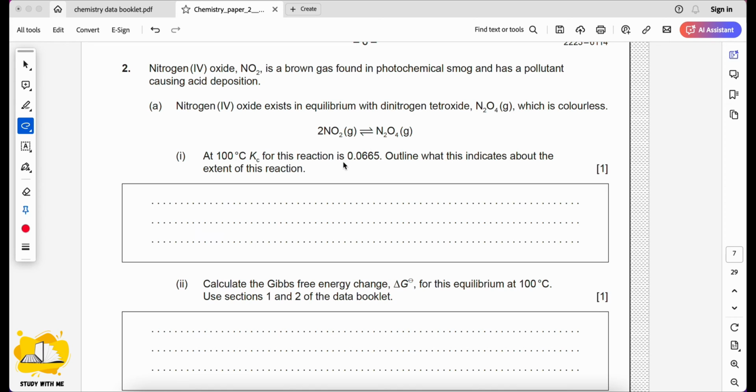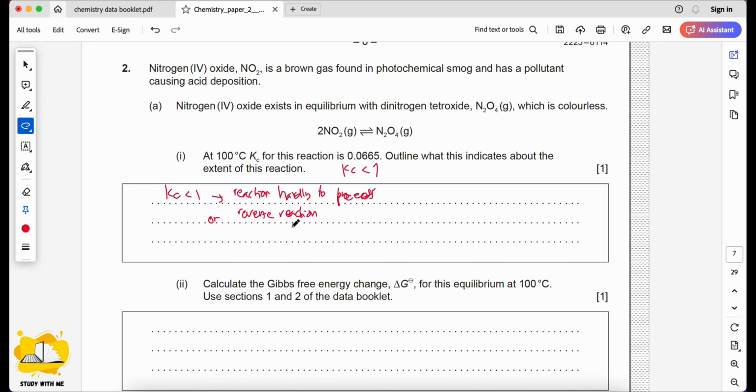Okay, Kc here is smaller than 1. So having Kc smaller than 1 means the reaction hardly proceeds, or it favors the reverse reaction.